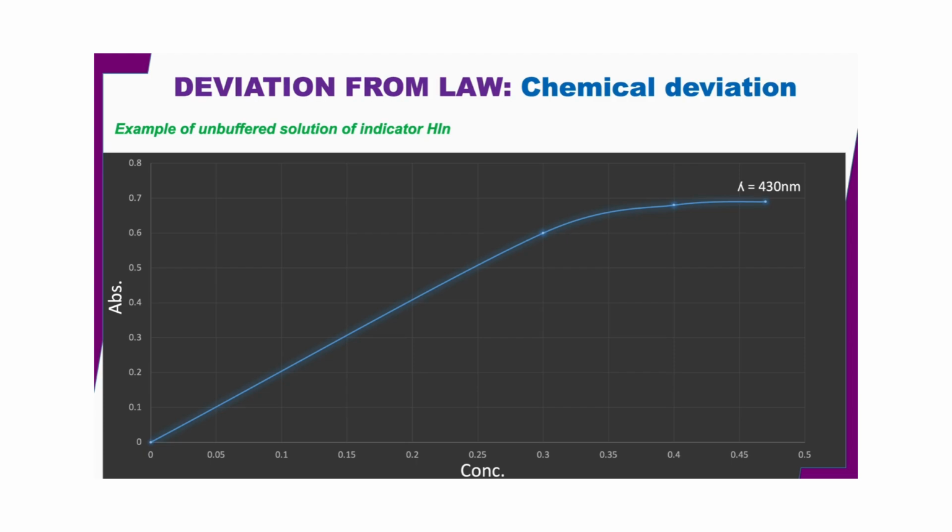So the fraction ionized varies non-linearly with concentration. This is what we can see from here. The total concentration includes the concentration of the indicator and the concentration of the In minus, the ionized indicator. At a lower value of this total concentration, the fraction of indicator ionized is larger than at higher total concentration. So we have a positive deviation, or let's say an error occurs.